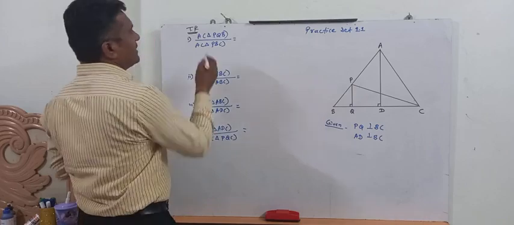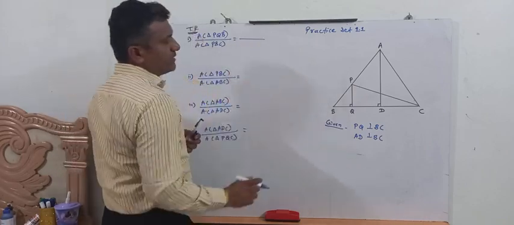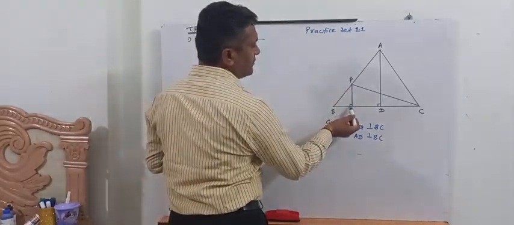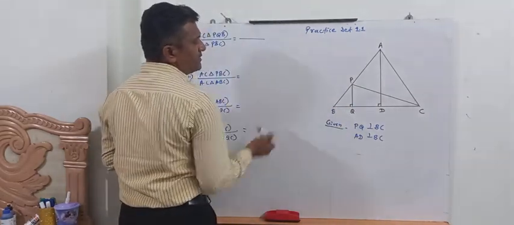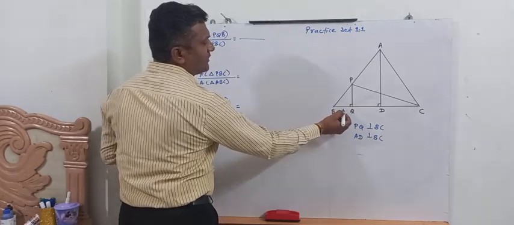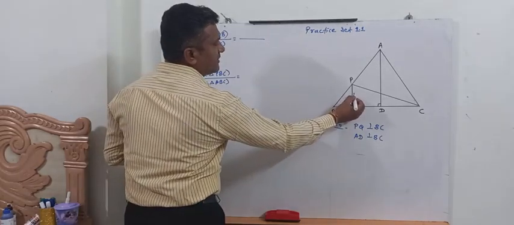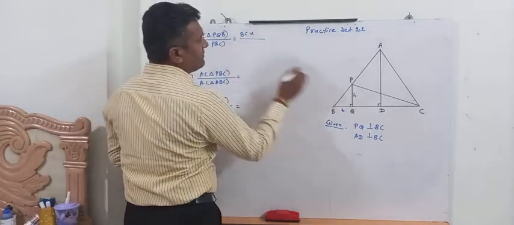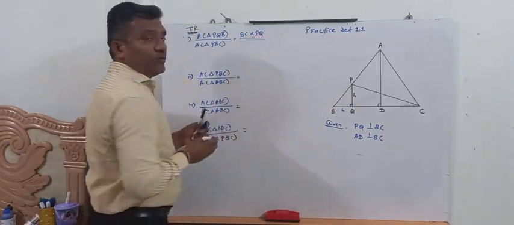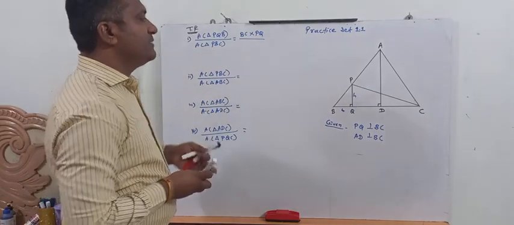See, what is the first triangle? PQB. Look at this triangle PQB. This is a right angle triangle. So if I consider this is the base, this will become my height. So I can write here BQ into height, which will be PQ. Second thing, PBC.